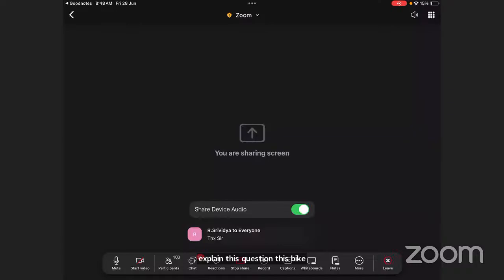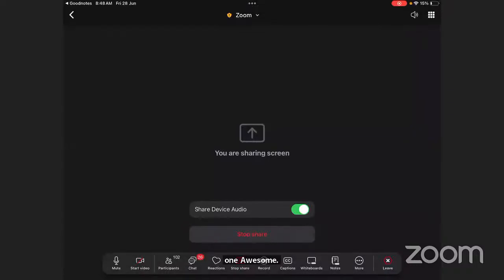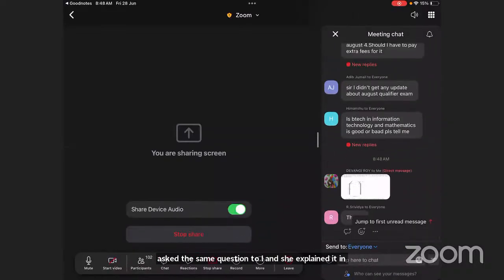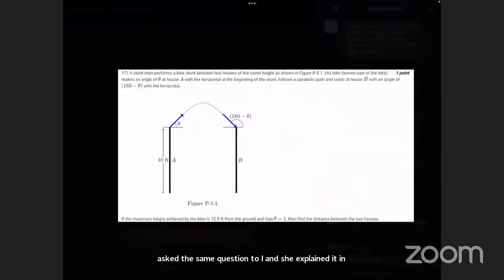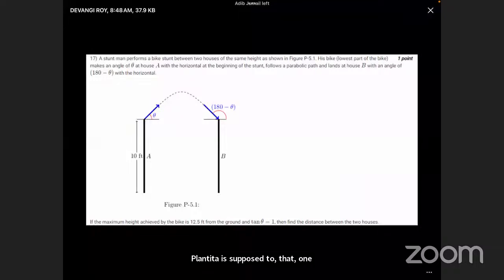Sir, one day earlier I asked the same question to, I guess, Samriddha ma'am, and she explained it through the trigonometry identity, tan theta equals P by B. I also solved this question by that method, but I'm getting the answer 5, and she was also getting the answer 5.